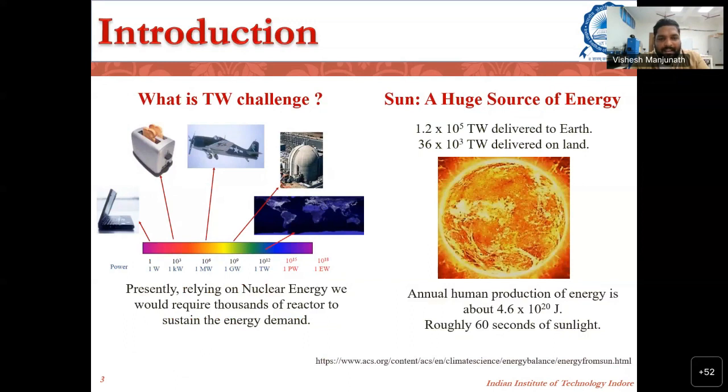Our nuclear reactors can generate around 1 gigawatt. But in the near future, the world will consume around 1 terawatt of power. To provide this, we would have to employ hundreds or thousands of nuclear reactors, which is not a safe and viable solution.